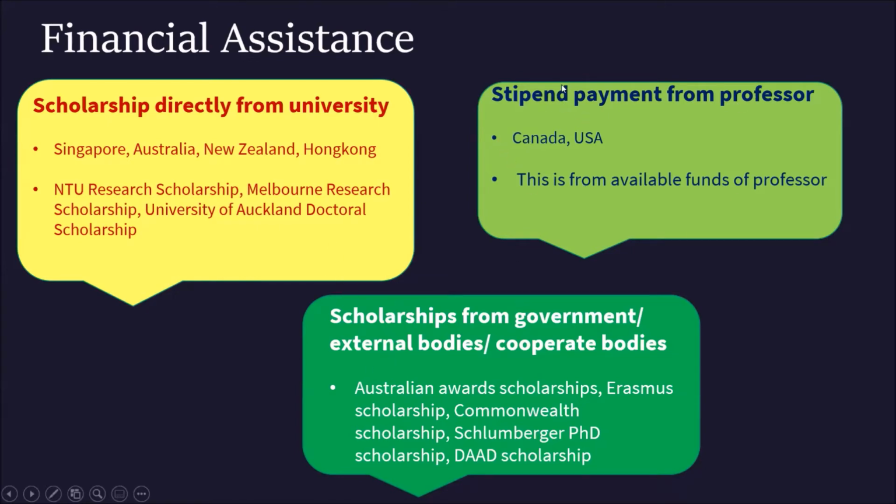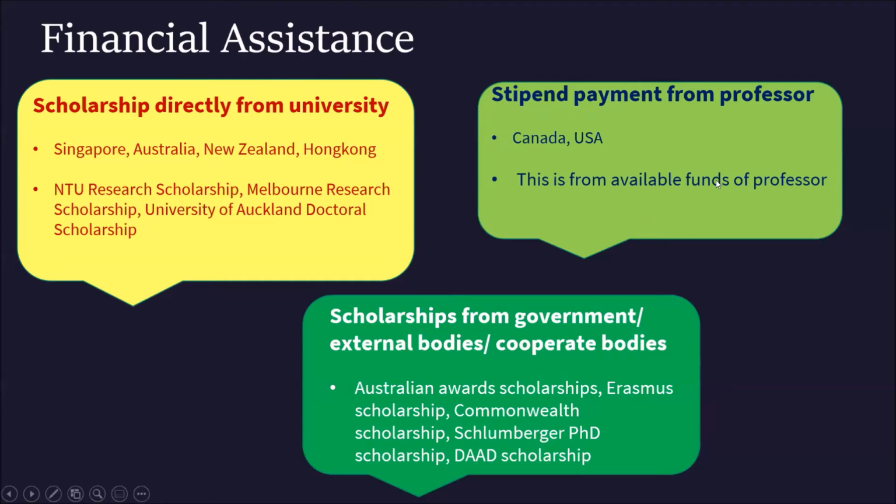Regarding the stipend, in Canada, I obtained the stipend from the professor because it's a kind of financial agreement between the professor and the student. Usually in Canada and the USA, most master students come with a stipend. It is supplied by the supervisor directly from his available funds.